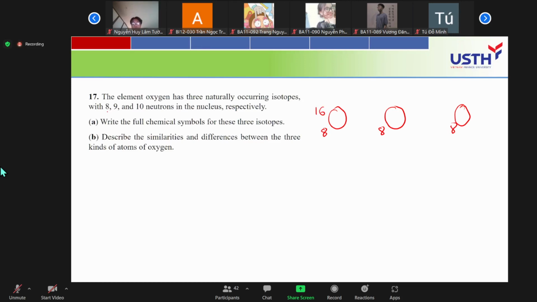The second one will have 17, and the next one will be 18.